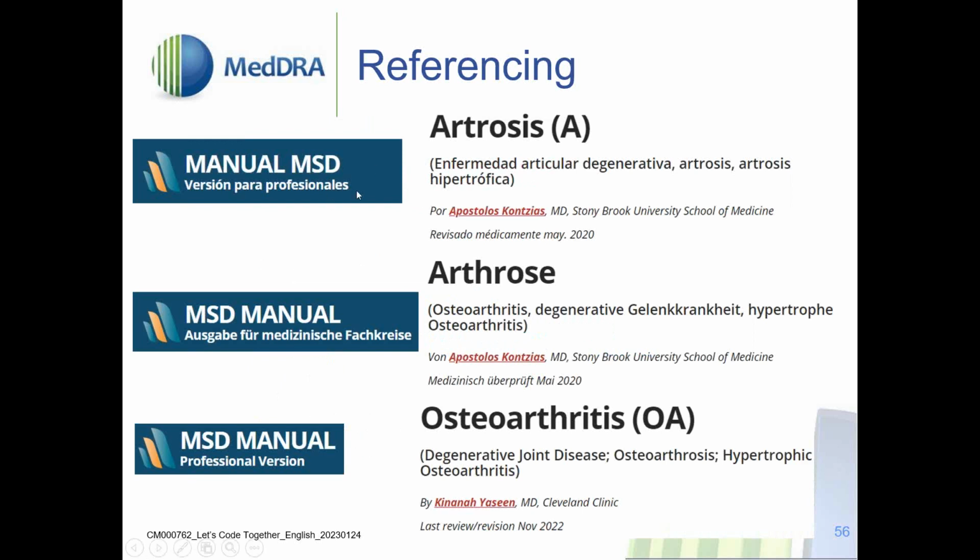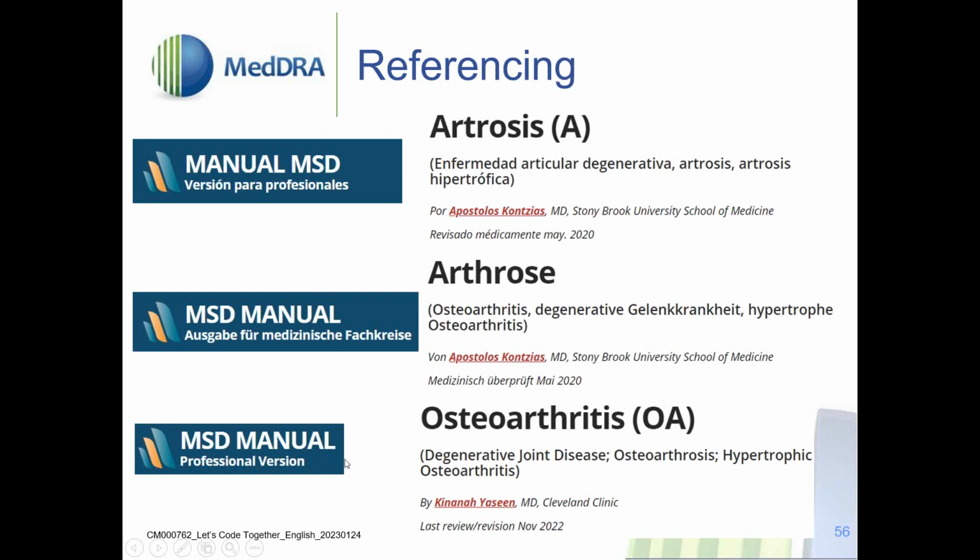Here's a screenshot of the Spanish version of the professional MSD manual: artrosis, enfermedad articular degenerativa, meaning degenerative joint disease, and it's considered a synonym of degenerative joint disease. In the German version, Arthrose is again considered a degenerative joint disease, degenerative Gelenkkrankheit, and again the synonym would be osteoarthritis.